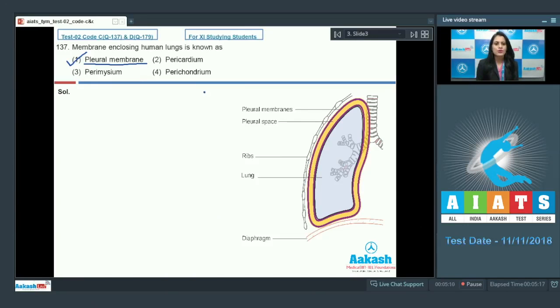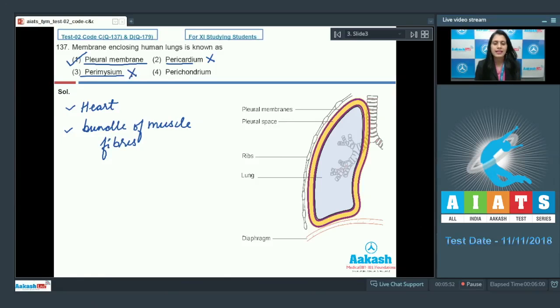Let's discuss other options also. Second option is pericardium. Heart is enclosed within the membrane called pericardium. So this cannot be a correct answer. Option number 3 is perimysium. And perimysium encloses bundle of muscle fibers.